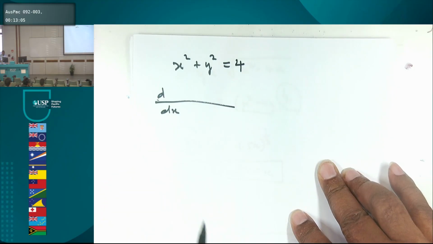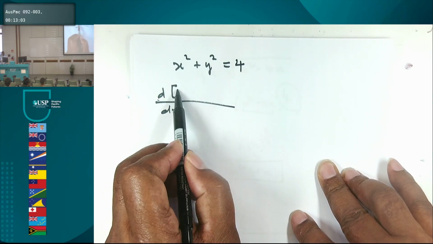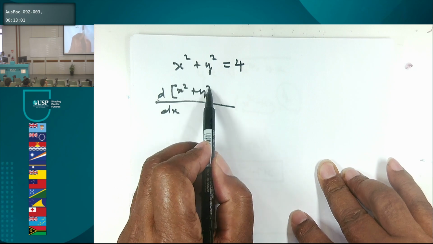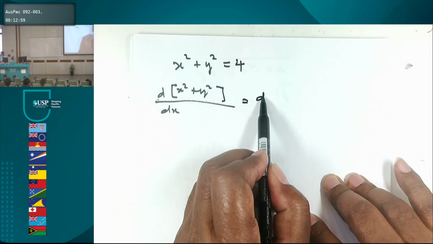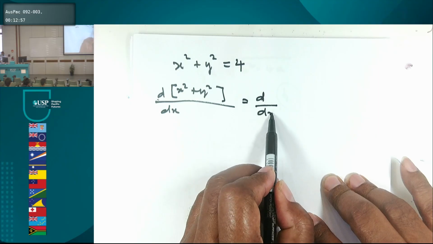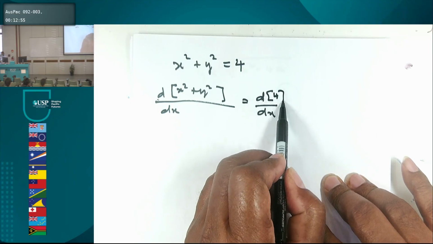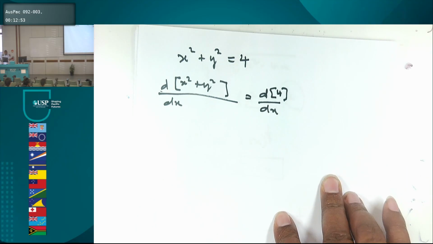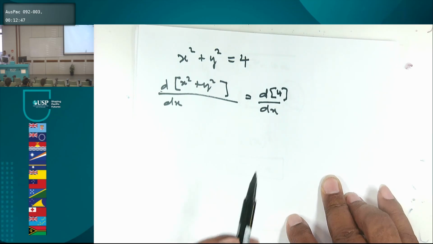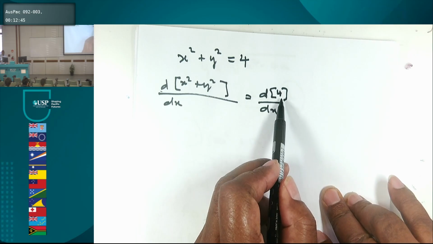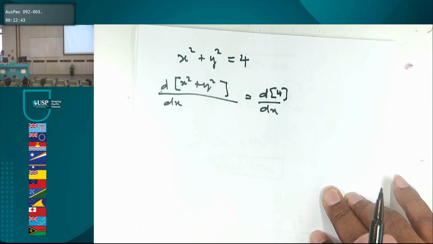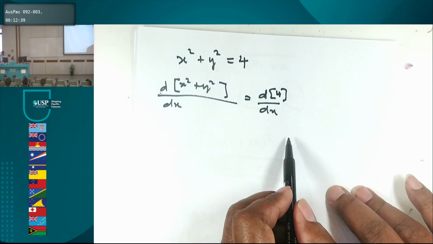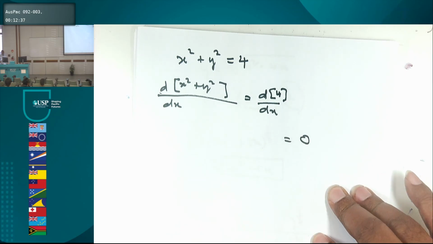So I'm differentiating the left, and I'm also differentiating the right with respect to x. That's what that means. So let's differentiate. Easy to differentiate the right-hand side. What's the derivative of 4? 0. So the right side is 0.